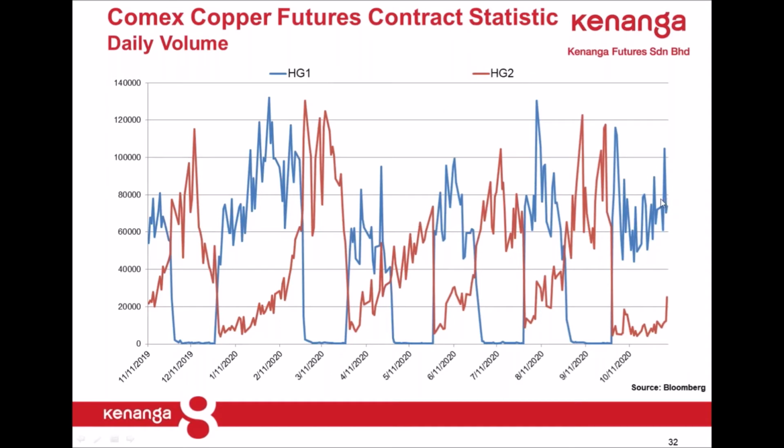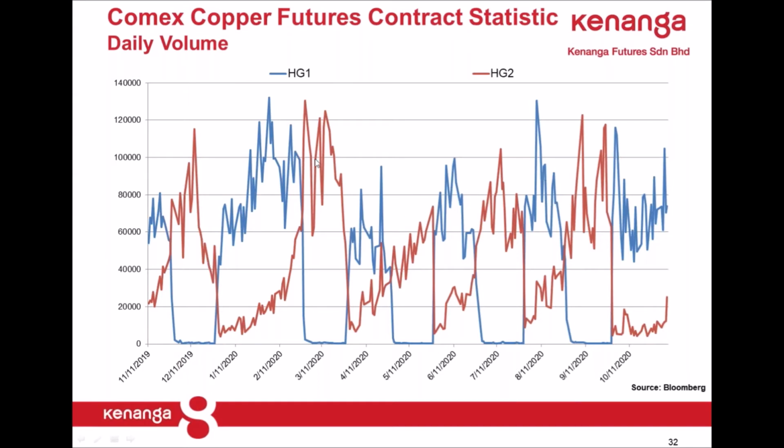Both are very active, but of course for the near month contract, as it approaches expiry, the volume will drop. So it is not a clear picture if I show you the spot month contract alone, and it is also not clearer to show only the next month contract. I may be giving participants the wrong impression that copper is not an active market, but that is not true. This is actually a very active contract.